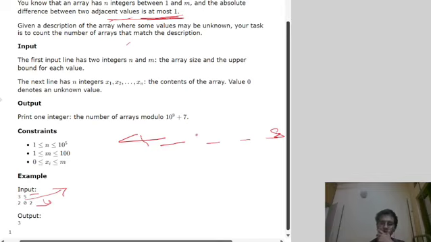Since the difference between adjacent elements can be at most 1, here it will be 5, then 7, then 6, and if one more value were unknown, we could take 7 or 6 or 5, because the difference would be one only.